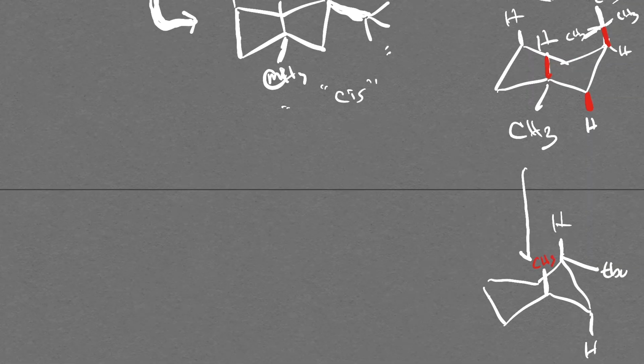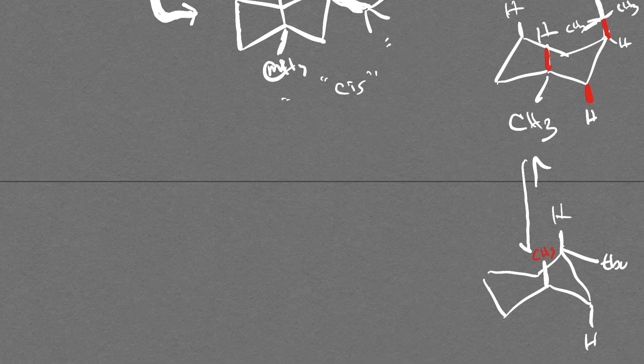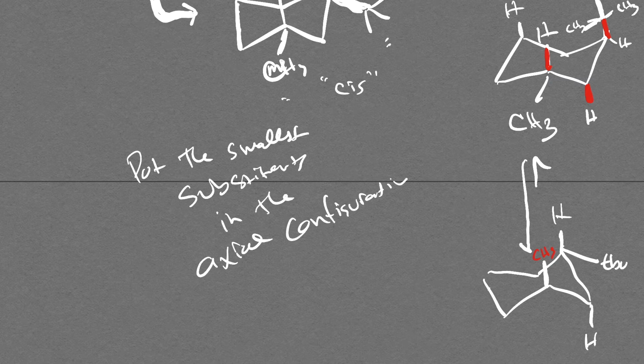All right, so now I have this trans configuration where instead of the big group, the small group is there. So the takeaway is, put the smallest substituents in the axial configuration. Put the smallest substituents as possible, because sometimes it's not possible to have just a bunch of hydrogens.